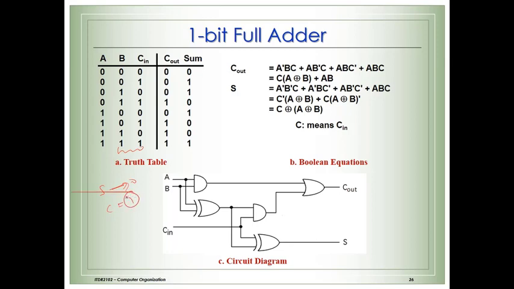Then this carry you will pass to the next half adder. Means you will use this carry and this input bit, and then perform the sum again. Then again the sum will be 0 and the carry will be 1, right? So the carry was 1 here and 1 here, correct? So in this way you get the sum 0, sum 1 and carry 1.